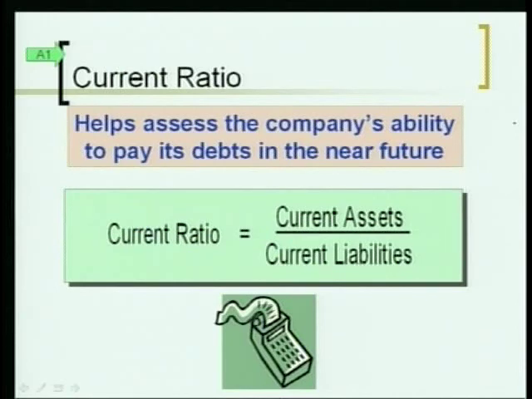Now, I had a true-false question on a test once that about everybody got wrong, and here's what it said. The current ratio measures the profitability of a company.